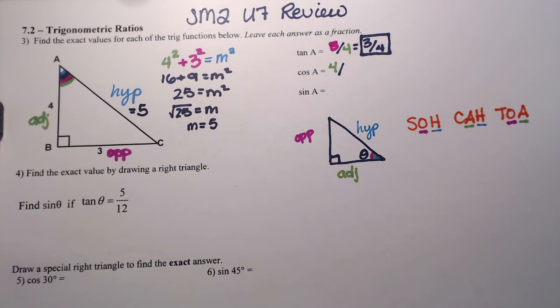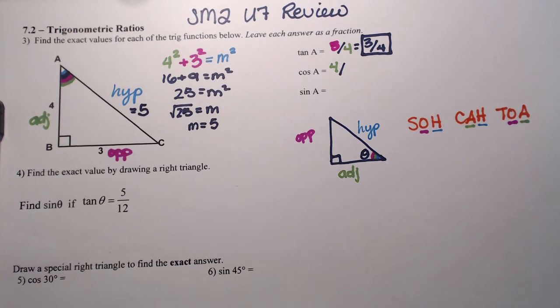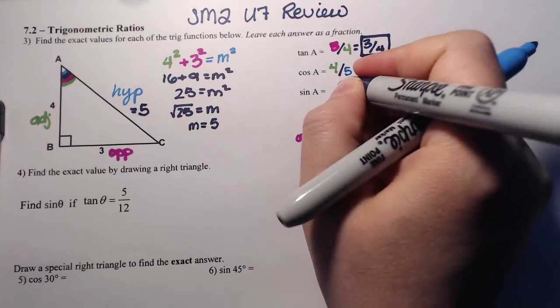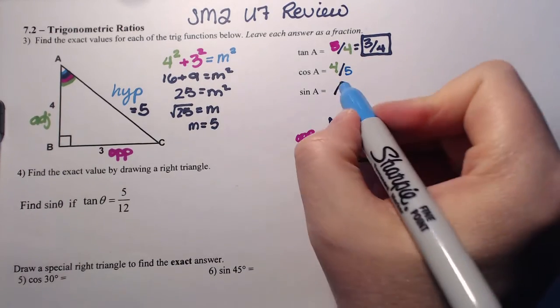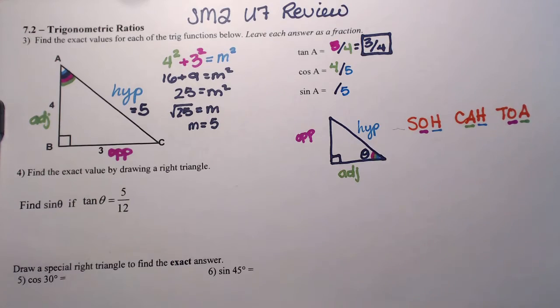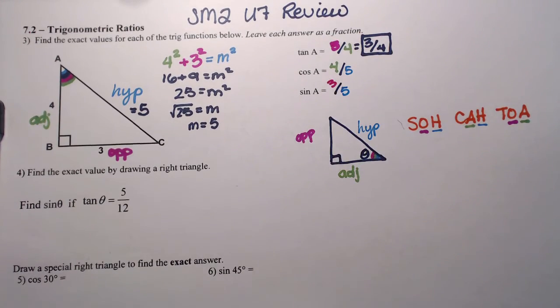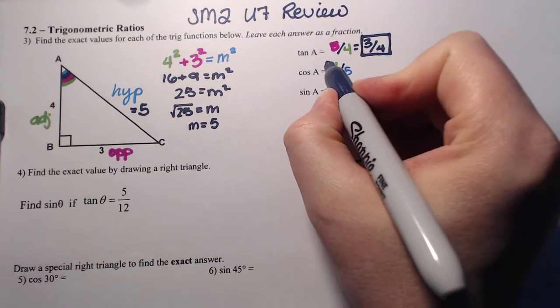So when I have cosine of that angle, I'm going to take 4, which is the adjacent side, over the hypotenuse. And with sine, I'm going to take the opposite over the hypotenuse. And those are my answers for that.